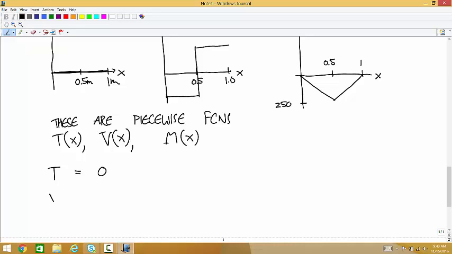But v was equal to negative 500 for x's in the open interval from 0 to 0.5, and then positive 500 in the open interval from 0.5 to 1. What happens at 0 and 0.5 and 1, we don't know. We don't care.